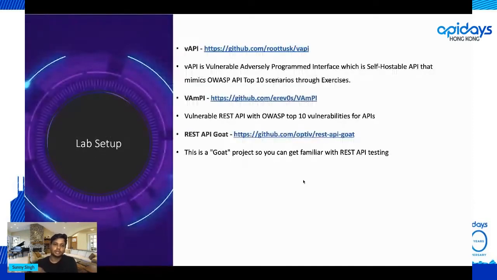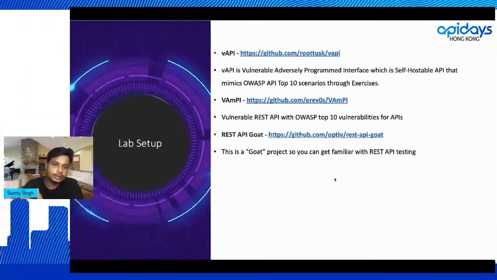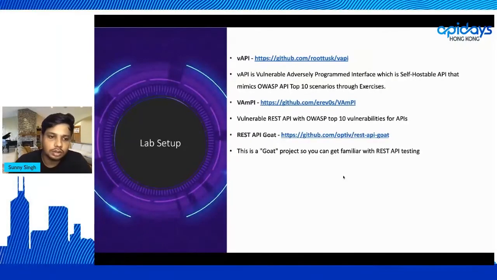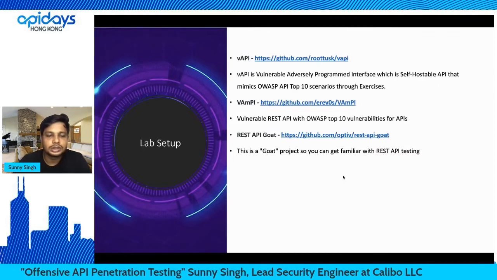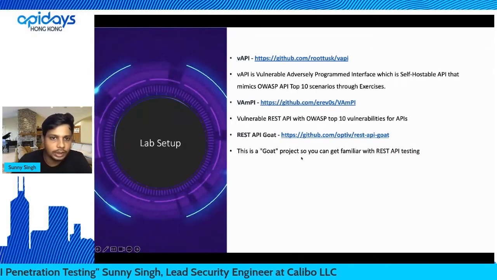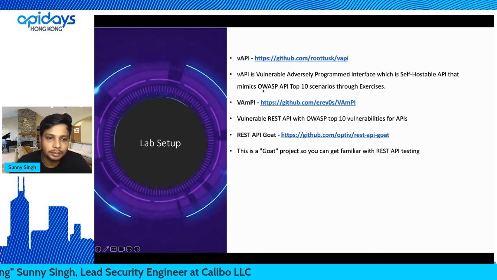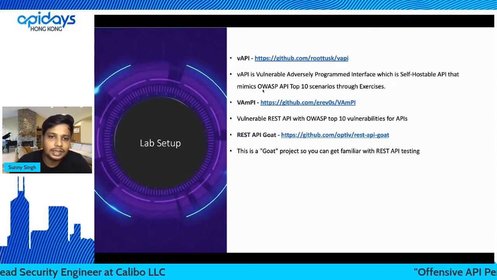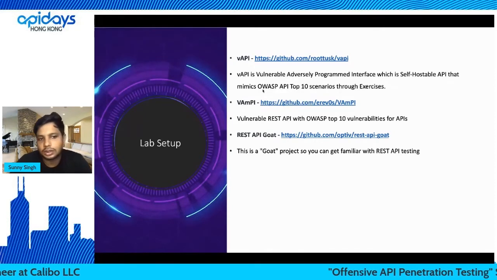What I think is, without practice, penetration testing is not done. If you want to learn penetration testing, you need to literally jump in and practice on applications. These are a set of APIs that are intentionally made vulnerable to practice API attacks.